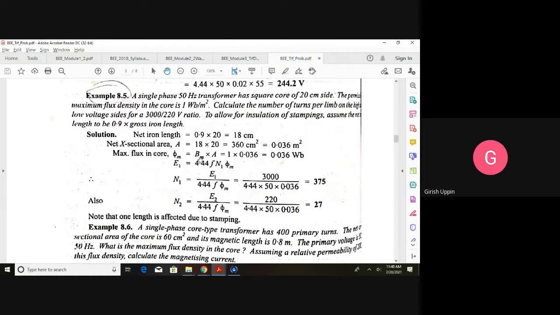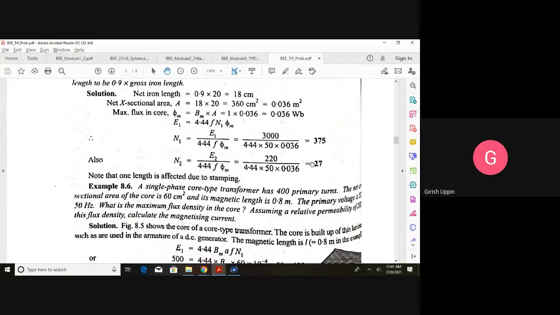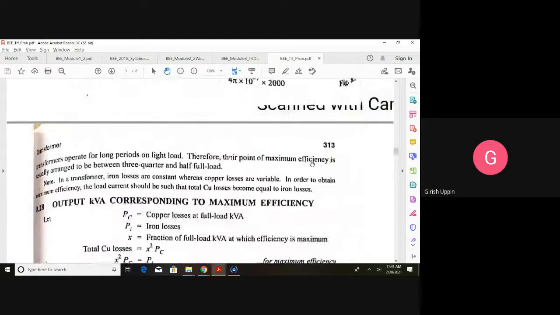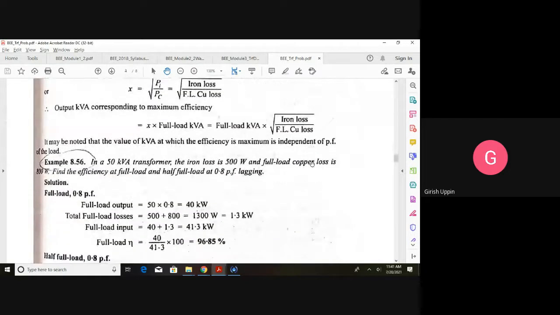One side is 20 centimeter, and the other side is 0.9 into 20 centimeter, because we have to take away the laminations, whatever insulation we have used. So effectively it is 18 centimeter. What would be the area? 18 into 20, this is the area. Make sure all the units are in meter, all in the base units. That kind of problem you can expect in the exam.